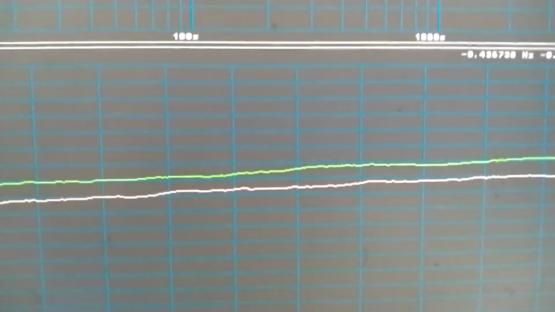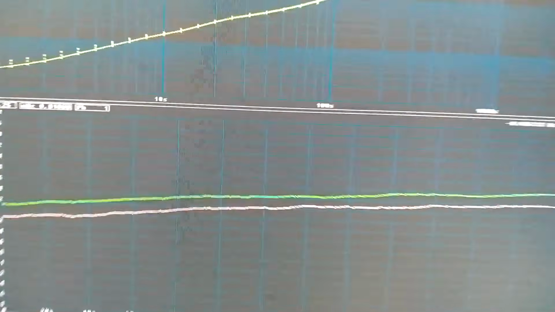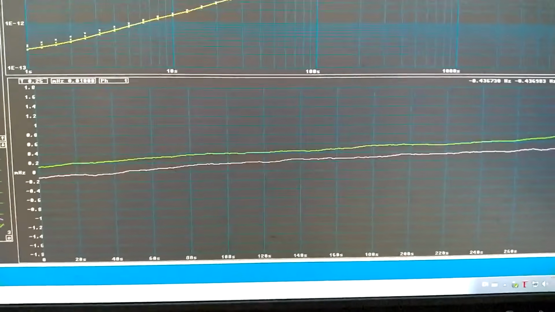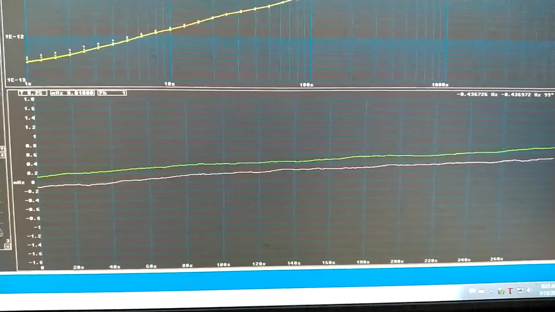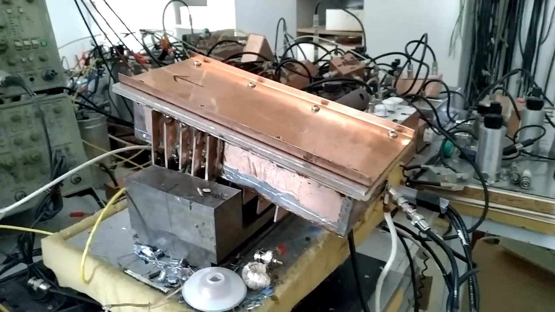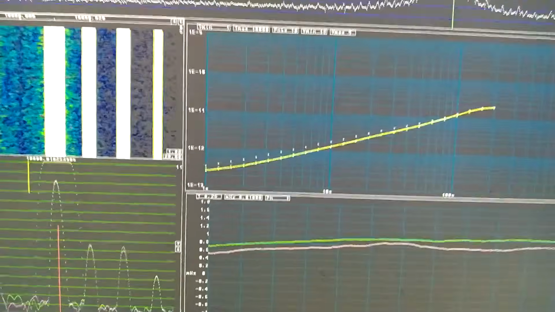There is correlated noise, but not very significant. The frequency drift will be corrected by locking it to the rubidium oscillator. The box is sitting like this and it changes the frequency as the room temperature changes.